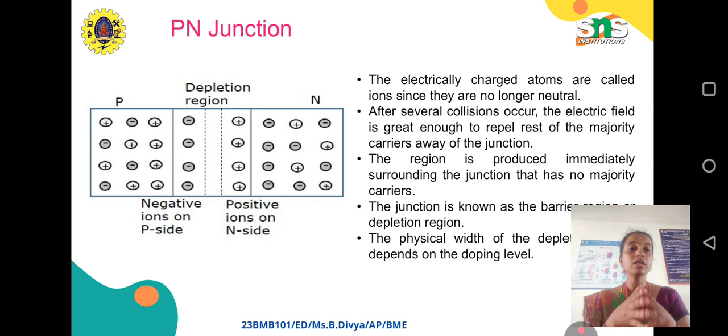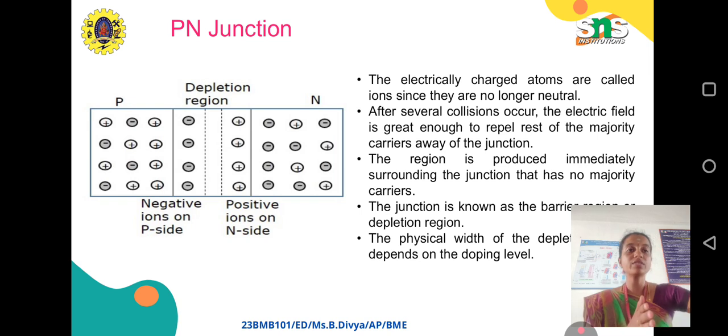This region immediately surrounding the junction has no majority carriers. So the region which combines electrons and holes is called the depletion region.